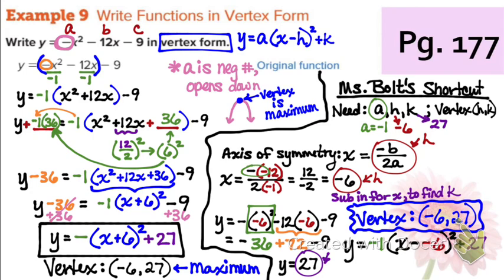But when I subtract a negative, that's the same as? Subtracting a negative is the same thing as? Just adding. Adding them, yes. So I would have X plus 6 plus 27.